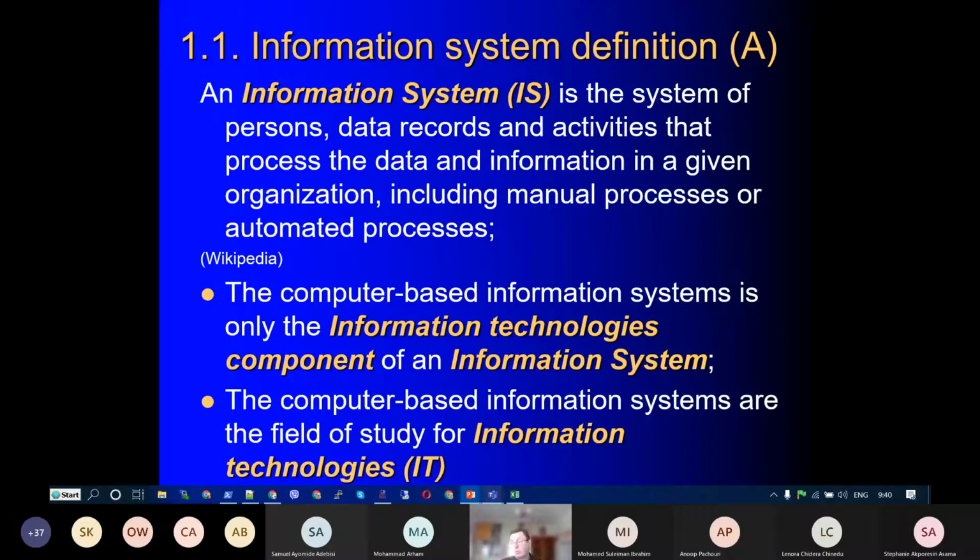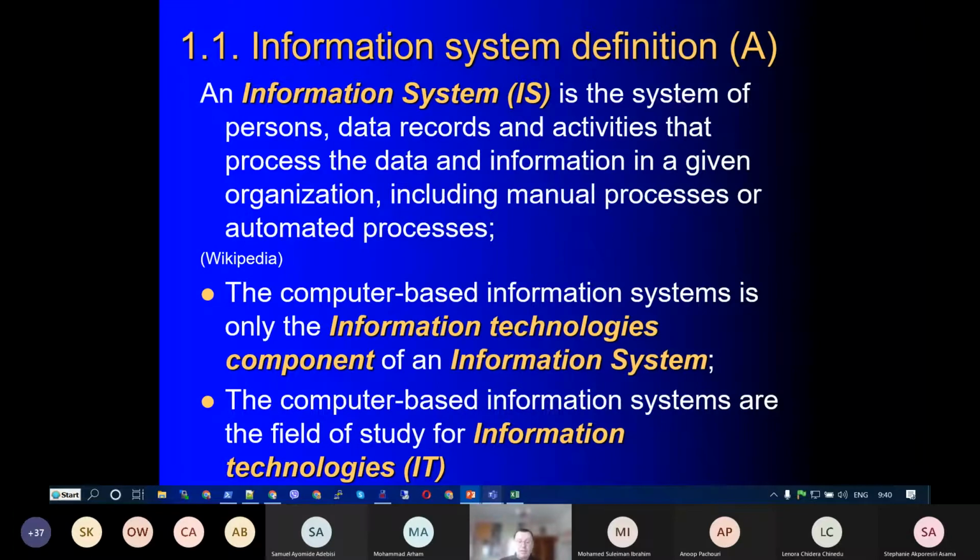It's important to understand that an information system is a much broader term, and such systems already existed even before computers were developed and launched into production, the same way informatics existed prior to computers, as I said in the first lecture.